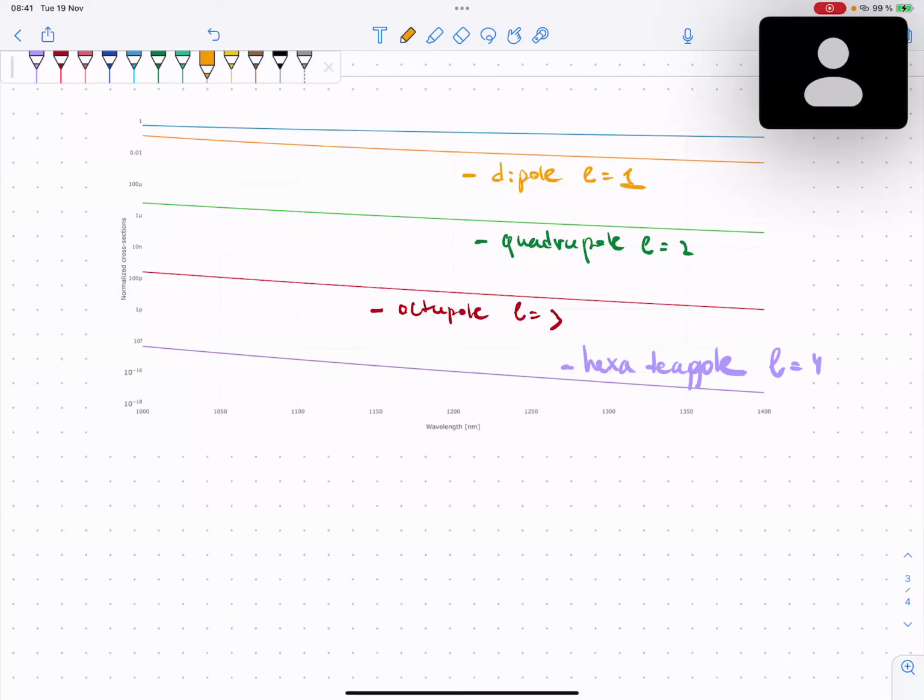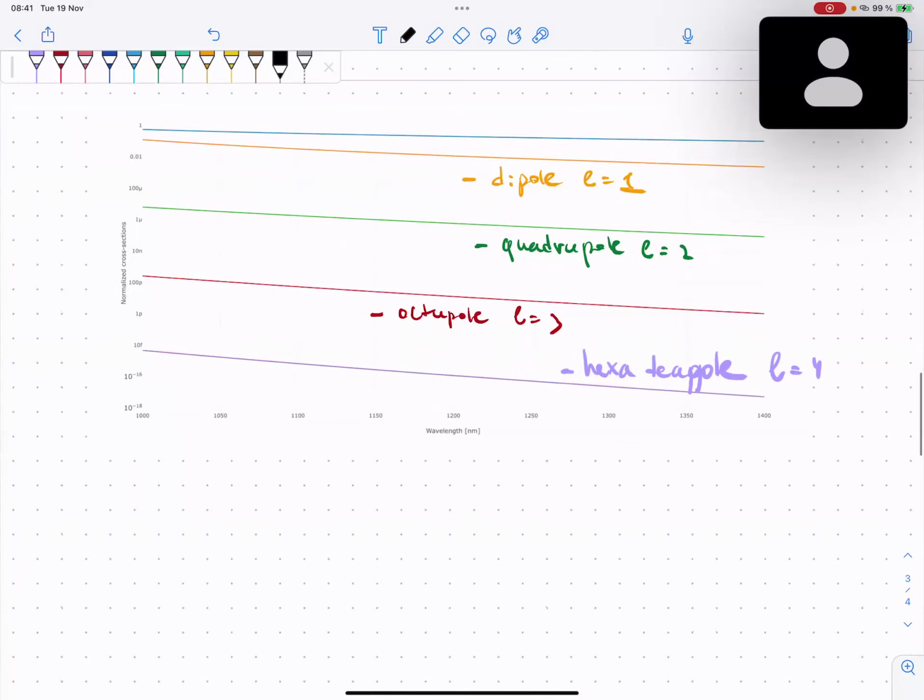What I want you to see here is that this y-axis is logarithmic. The blue is just the total cross section. We see that, for example, the dipole scattering here is just 10 to the minus 2, something like this.